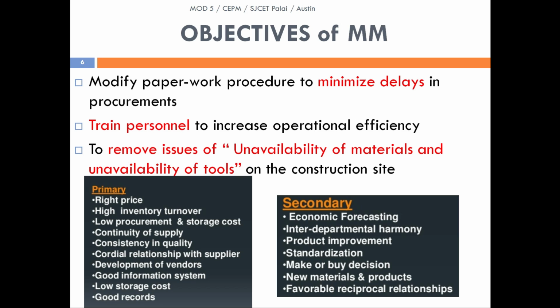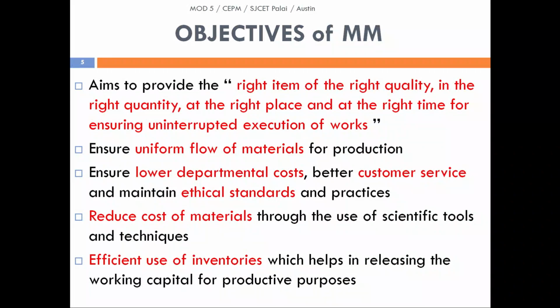Train the personnel to increase the operational efficiency. So we'll be carrying out different iterations in which we can provide optimum utilization of resources, thereby increasing the operational efficiency. To remove the issues of unavailability of materials and unavailability of tools on the construction site. It's nothing but to remove the issues of unavailability of direct materials and unavailability of indirect materials on the construction site, which supplement all the points discussed above.